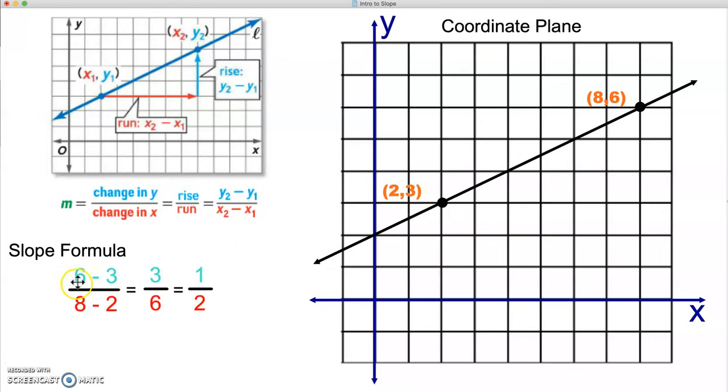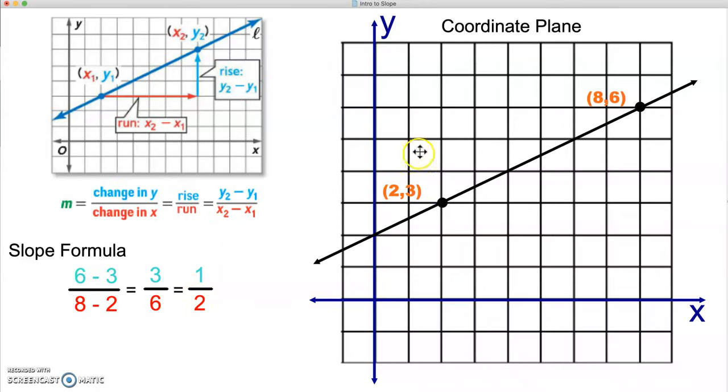So we can start with 6 minus 3. Those are the two y values from the points. To find the run, we have 8 minus 2, which is our horizontal distance. So our rise over our run is 3 over 6, which simplifies to 1/2. So we know this line has a slope of positive 1/2.